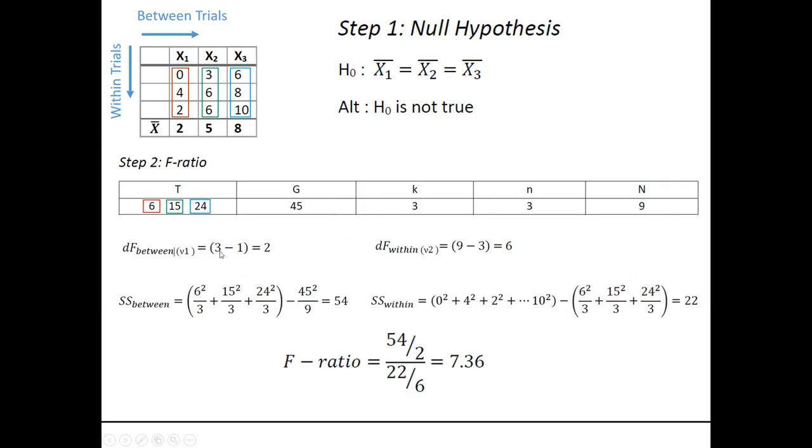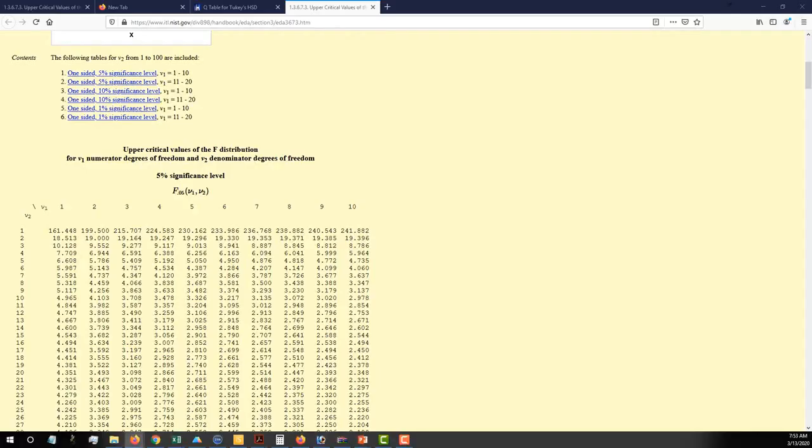Let's go back and say that ν1 was 2, so that will be column number 2 and row number 6. Okay, let's go to column number 2, and row number 6, and my critical value is right here.